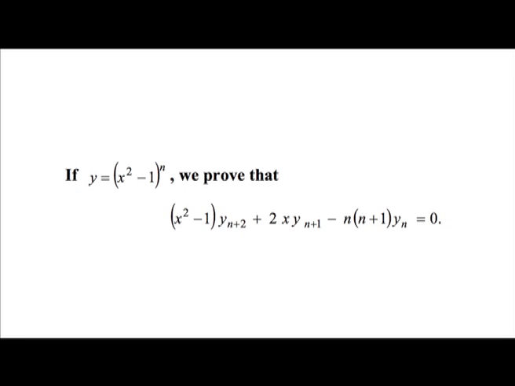If y equal to (x² minus 1)^n, we prove that (x² minus 1) into y(n+2) plus 2x into y(n+1) minus n into (n plus 1) into yn equal to 0.